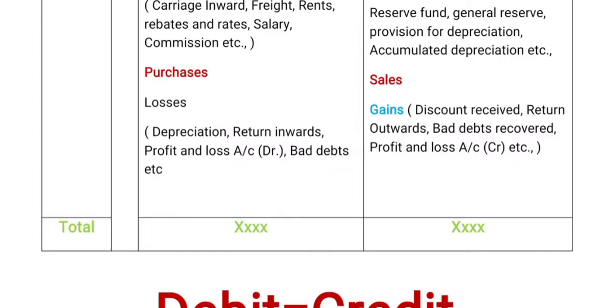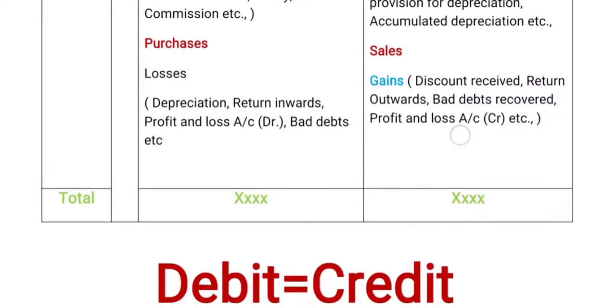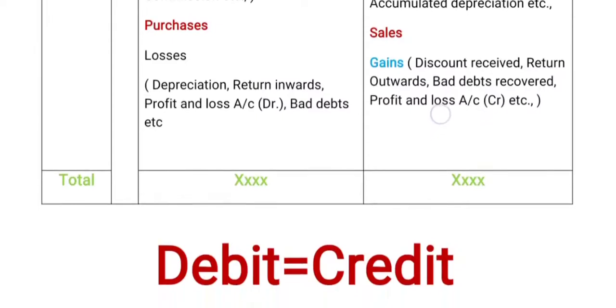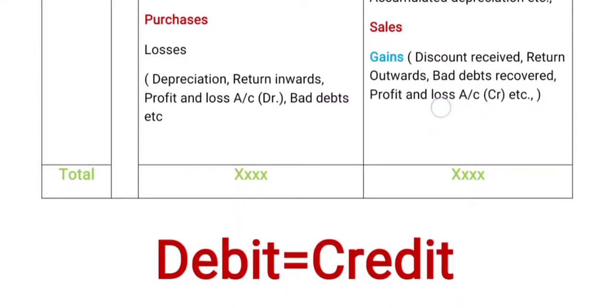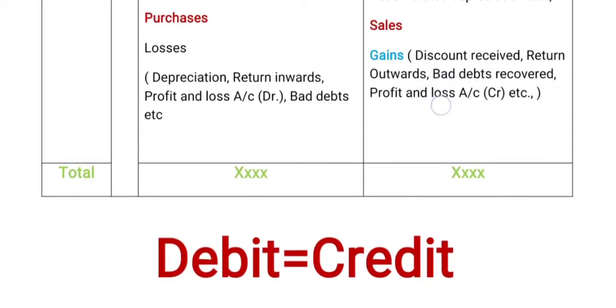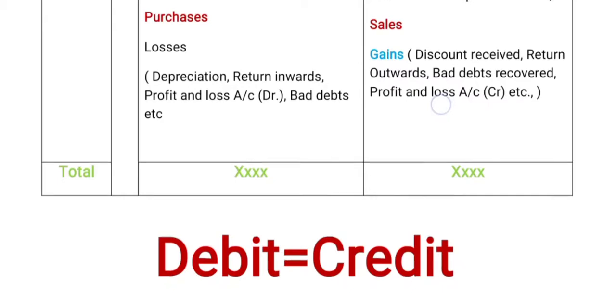Now we discuss losses on the debit side: depreciation, rent inwards, profit and loss account if it is a debit balance, that is a loss, then bad debts, etc. Discount received, returns outwards, bad debts recovered, and profits are gains on the credit side.